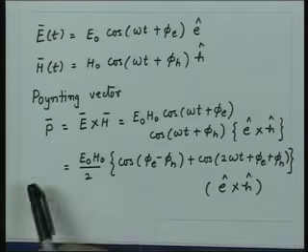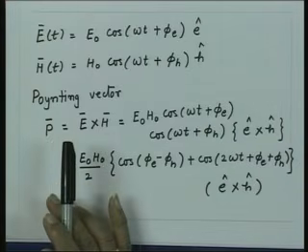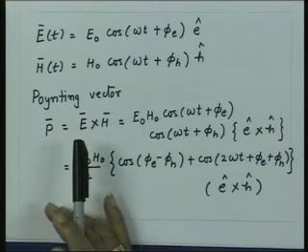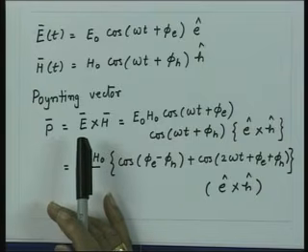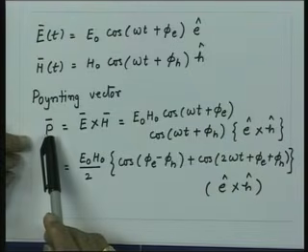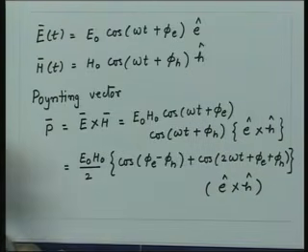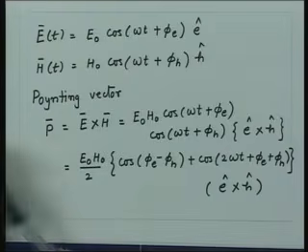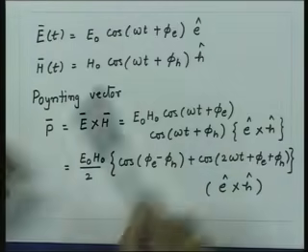Now, this is the instantaneous value of the Poynting vector, and as we mentioned, we are now interested in finding out the average value of the power density, or the average value of this Poynting vector. So we can take a time average of this over a period of the signal.